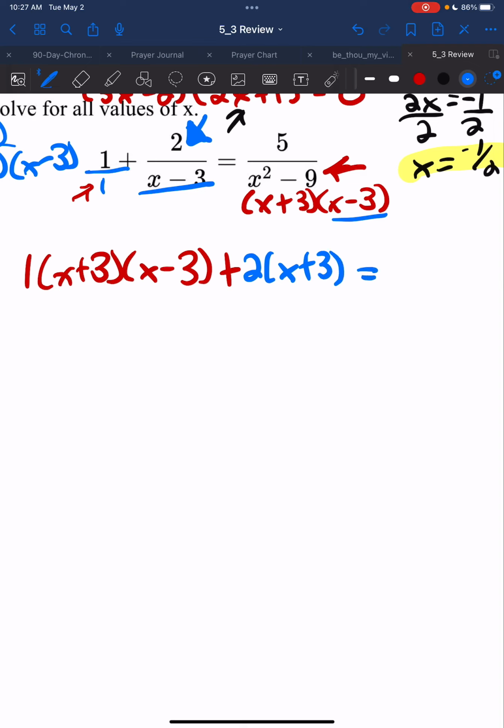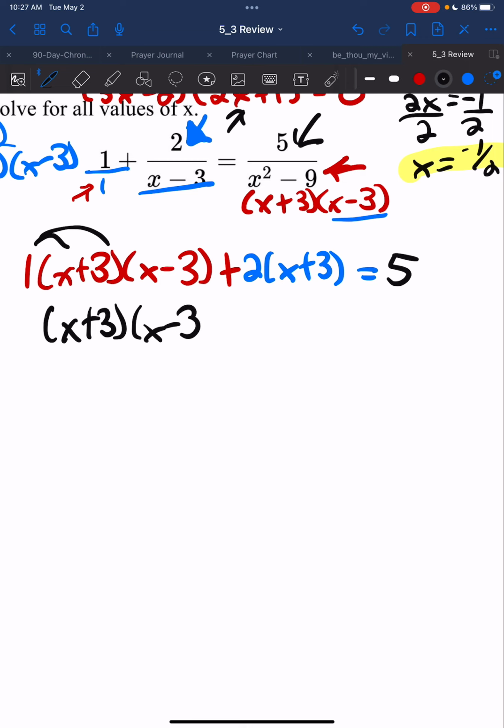And then pointed to here in black, this is missing neither one, so it's just going to be 5. Okay. We know 1 times anything is just going to be itself, so we really don't need this 1 here. You can distribute it in, but it's not really going to do anything, so I'm just going to have x plus 3 times x minus 3 plus 2 times x plus 3 equals 5.